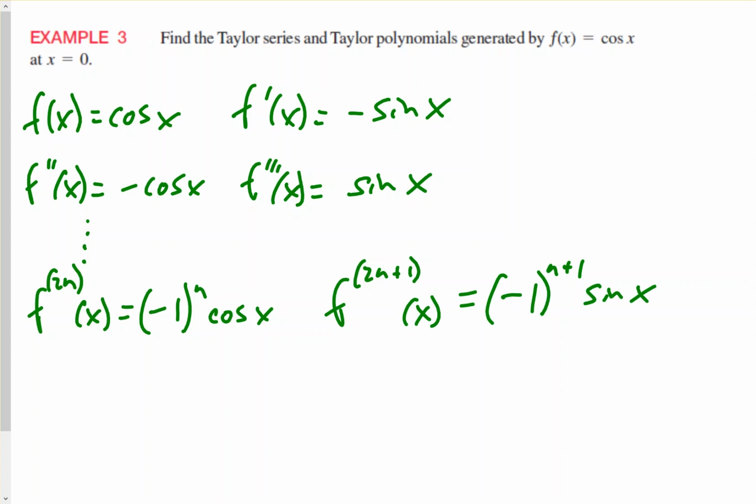Okay, so at x equals 0, the cosines are 1. Alright, so let's remember that. Because this is x equals 0, and the sine equals 0.